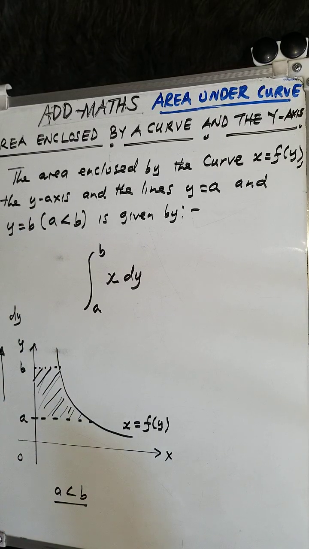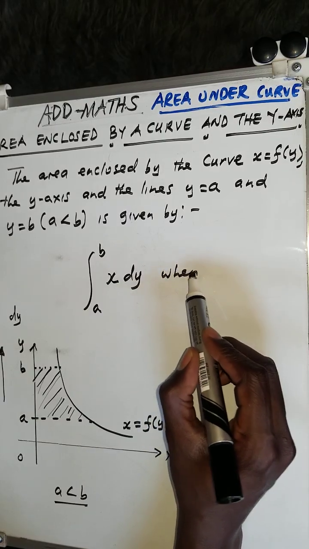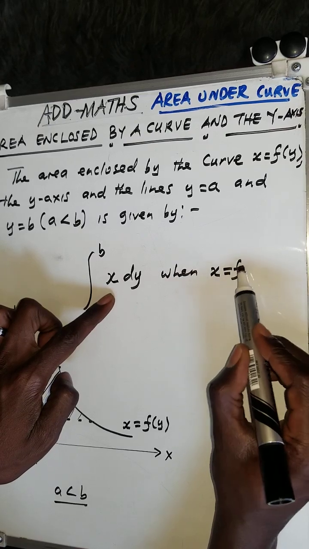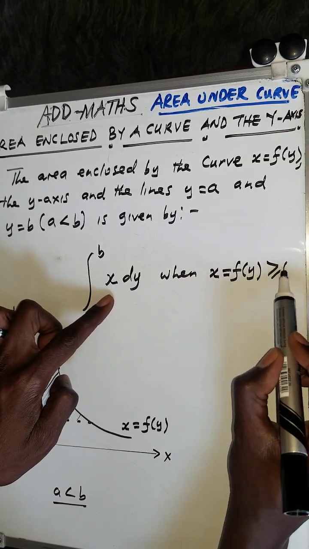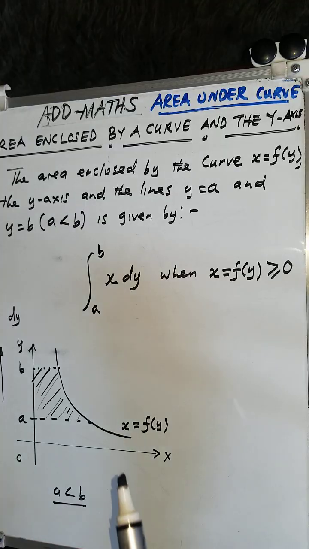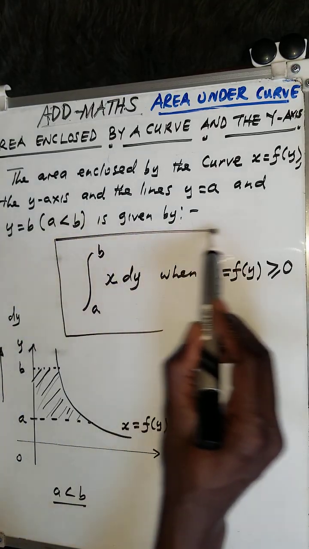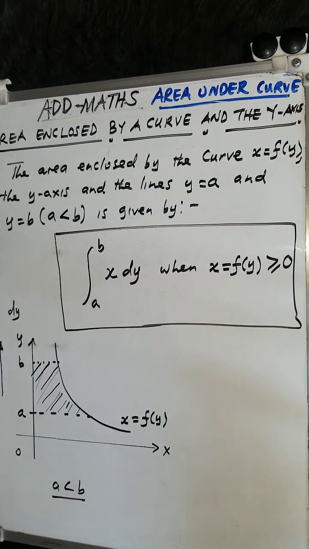Remember, this is true when x, represented by the function of y, is greater than or equal to 0. So this is the expression that we are going to use to calculate the area enclosed by the curve and the y-axis.